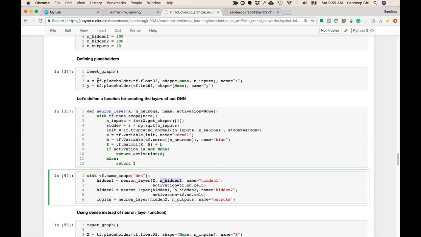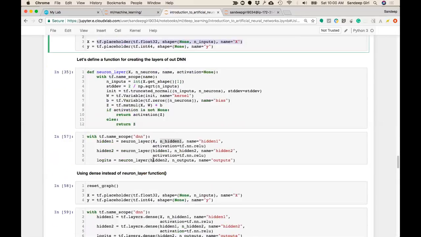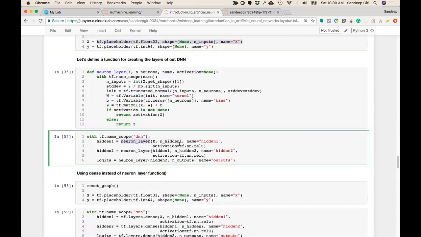The input layer we have already created as capital X here. So this is the first hidden layer, this is the second hidden layer, and this is the output layer. The input to the first layer is capital X, whatever is returned from the first call is the input to the second layer, and the output of the second layer is the input to the third layer. So we are basically stitching them together.